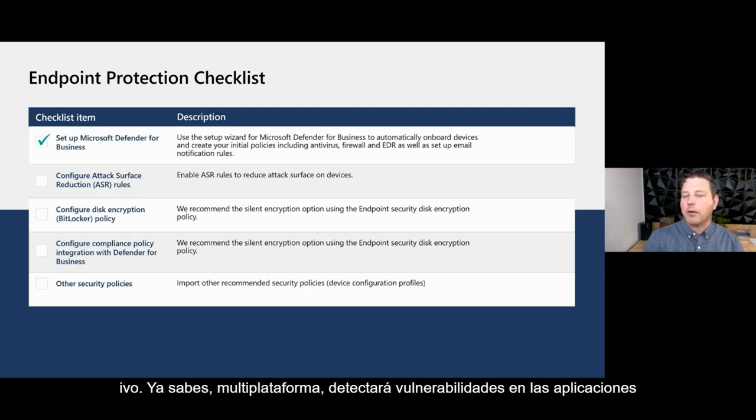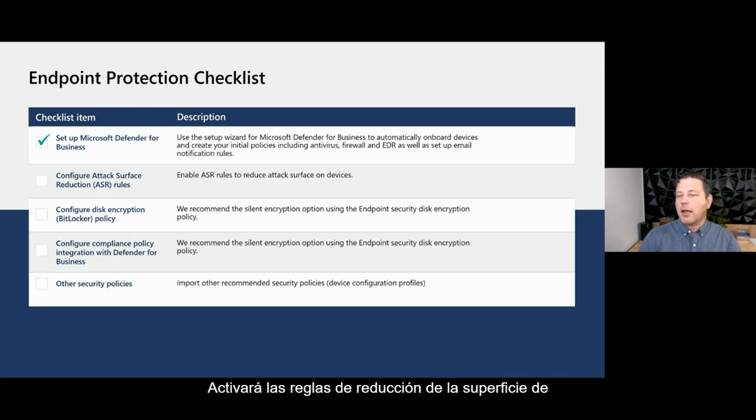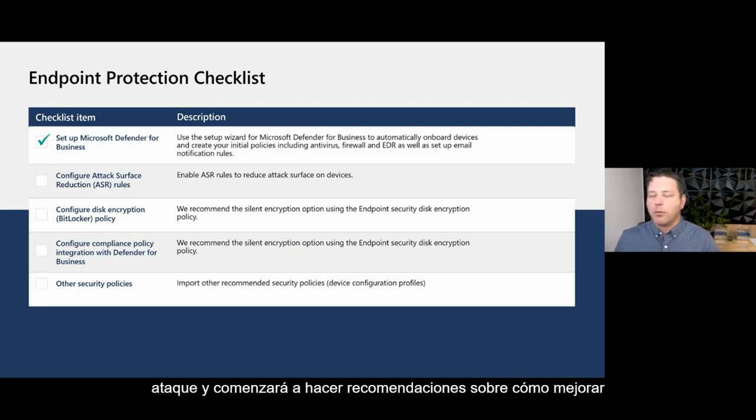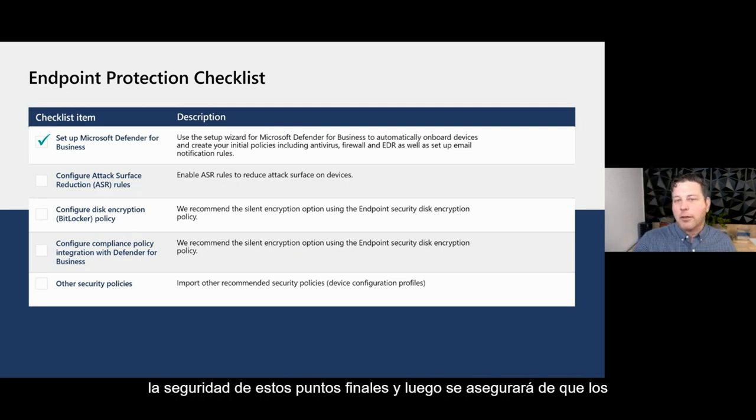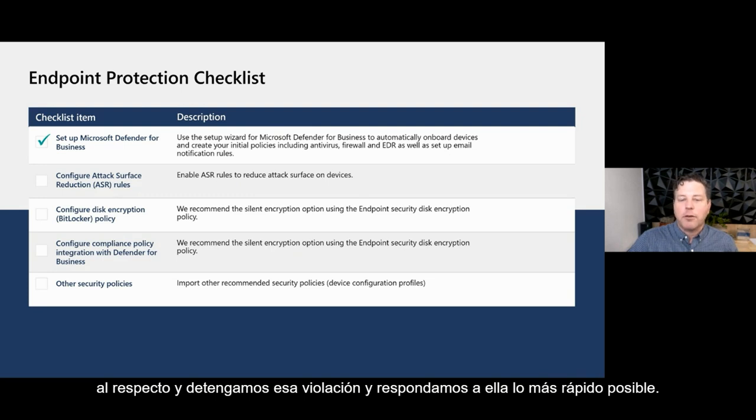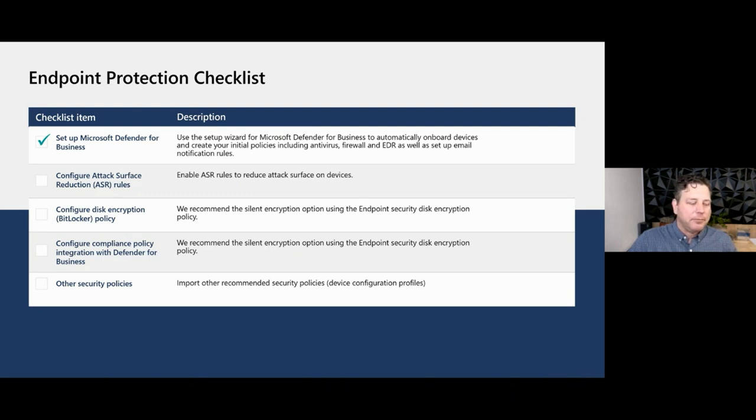It'll detect vulnerabilities in the applications that your customer is using. It'll turn on attack surface reduction rules and start making recommendations on how to improve the security of these endpoints, and then making sure if the endpoints do suffer a breach that we do something about it and stop that breach and respond to it as quickly as possible.